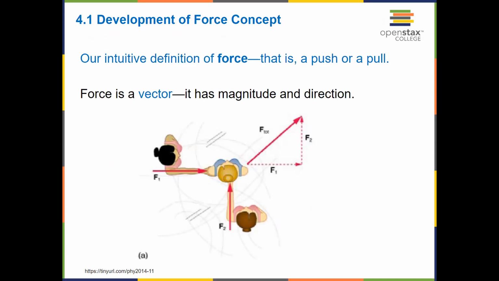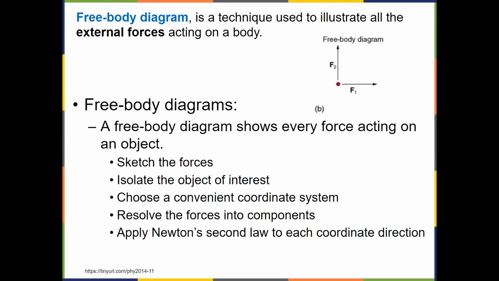So this scenario can be represented by a free body diagram like this. The dot is the body of the person. Then there are 2 forces on the body here. One goes to the right, one goes upward. These are the 2 external forces on the body, and that's the free body diagram of the person.